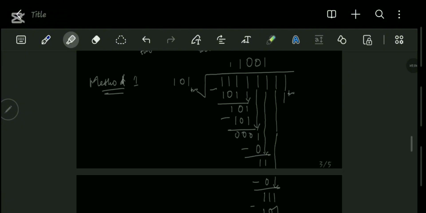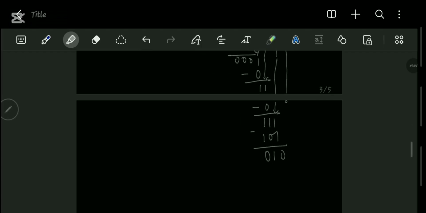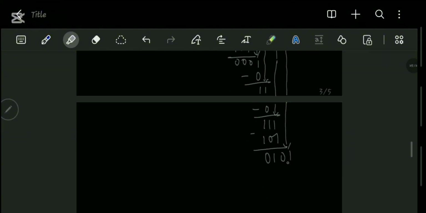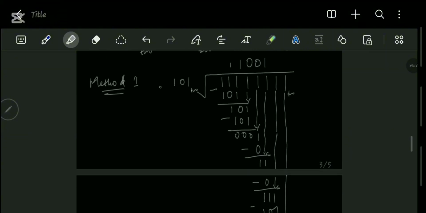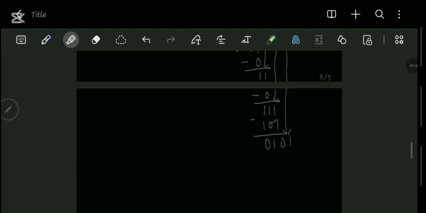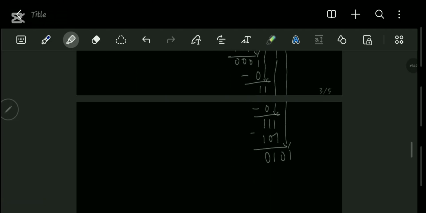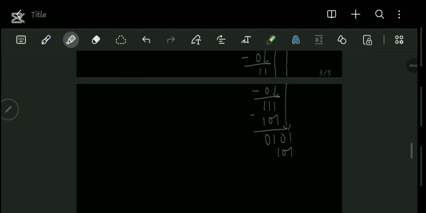So bring down the last digit and you join it together there. You have 0101. So this 101 in this 101 is 1. So 101 times that 1 is 101. And when you subtract this, you have nothing left, right?